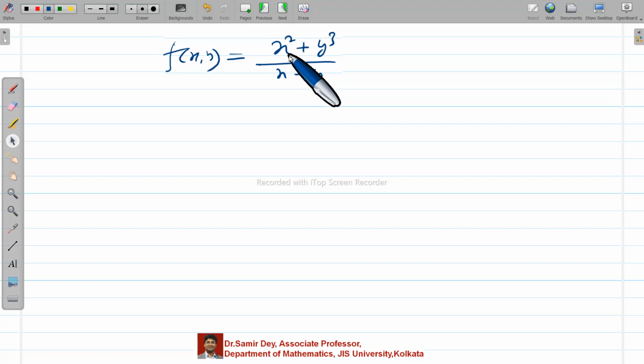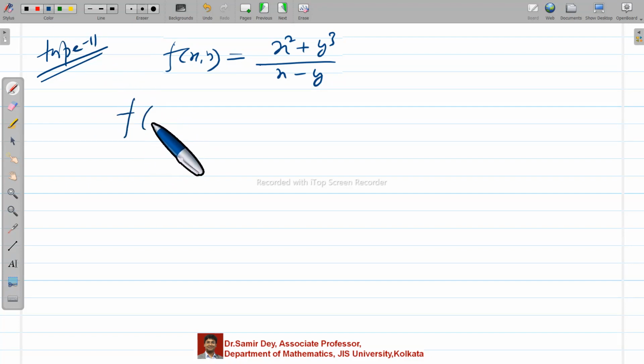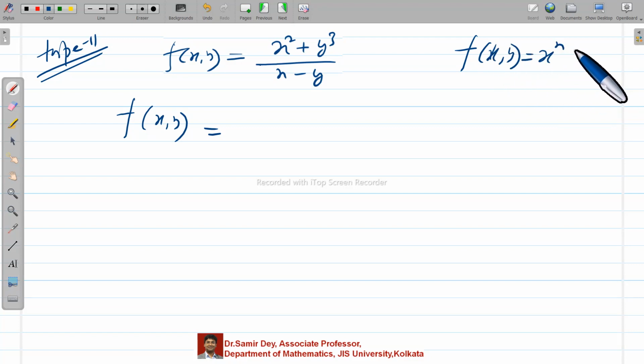Same example by using the type 2 method. Now what you do, please write down f of xy equals, what is your formula? Your formula is f of xy equals x to the power n psi of y by x. Correct.